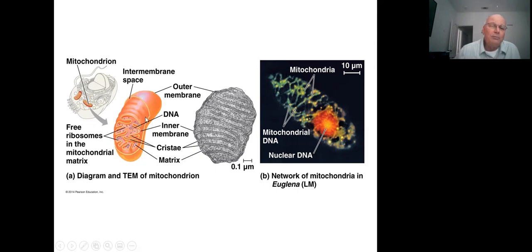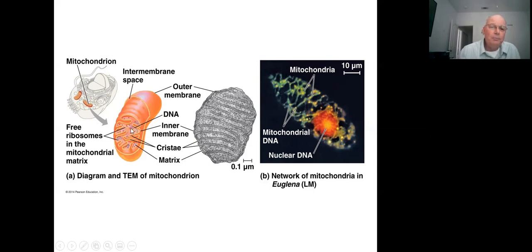The inner folded membrane is derived from the plasma membrane, and it is this membrane and the two compartments that are defined by it, the inner compartment called the matrix and the space between the inner and outer membrane, that are involved in the reactions of cell respiration that are associated with the mitochondria.